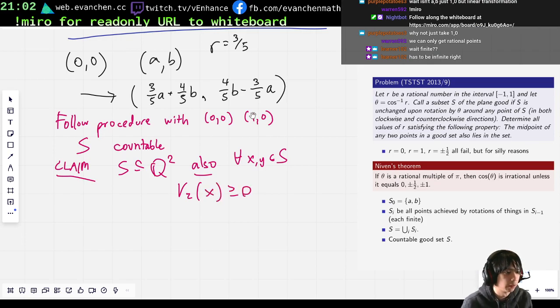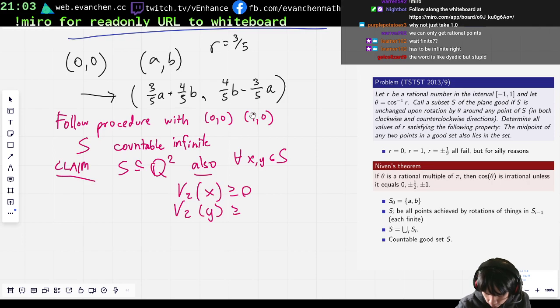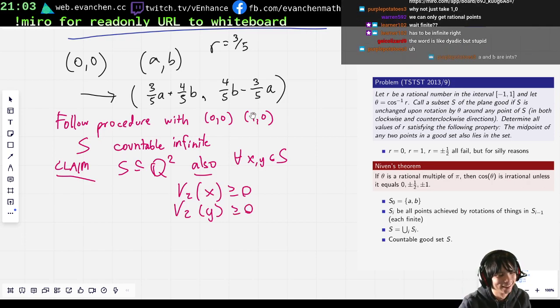There's no way I can get a denominator of 2 throughout this process. Countably infinite, yeah.